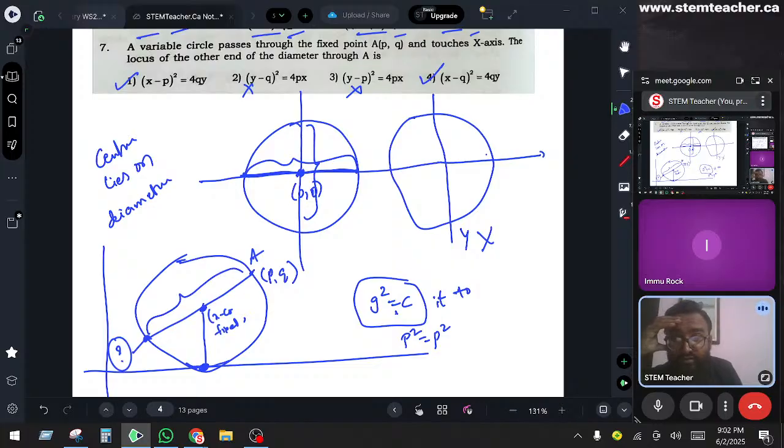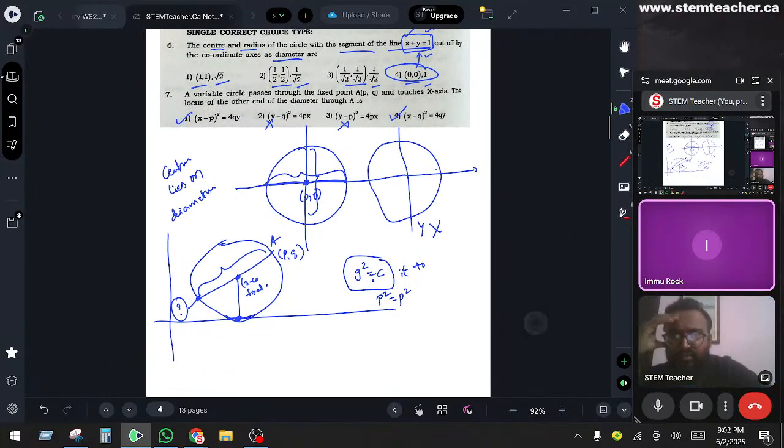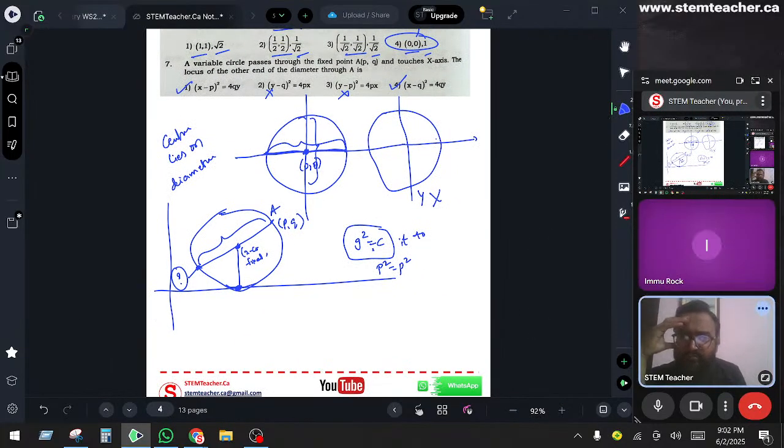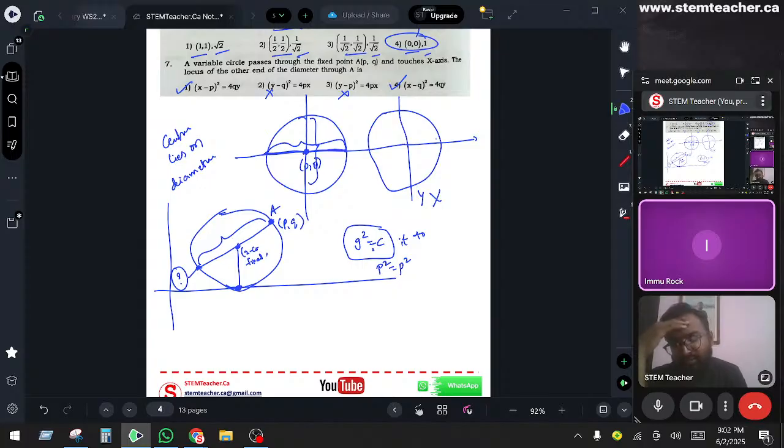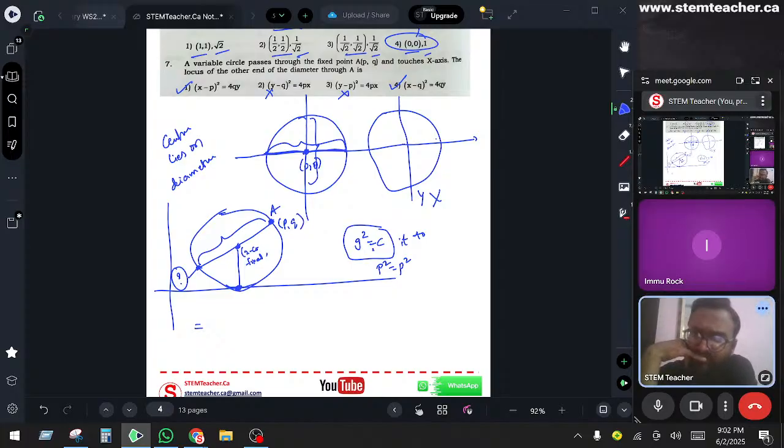We have to use that logic. तभी आएगा आपका. Leave it, don't waste the time. I'll come to this point again.